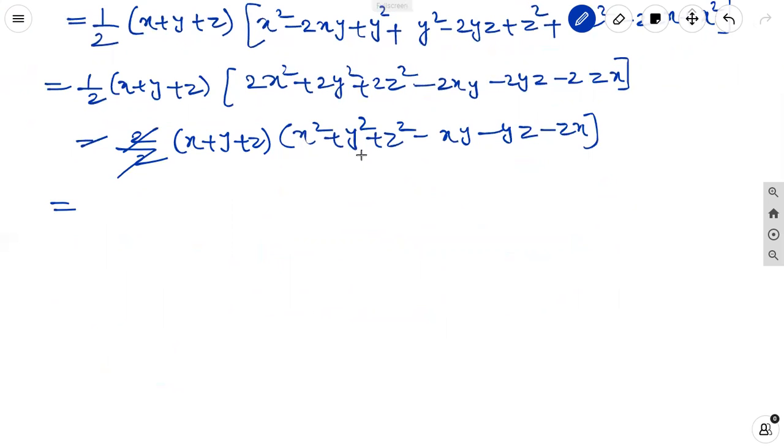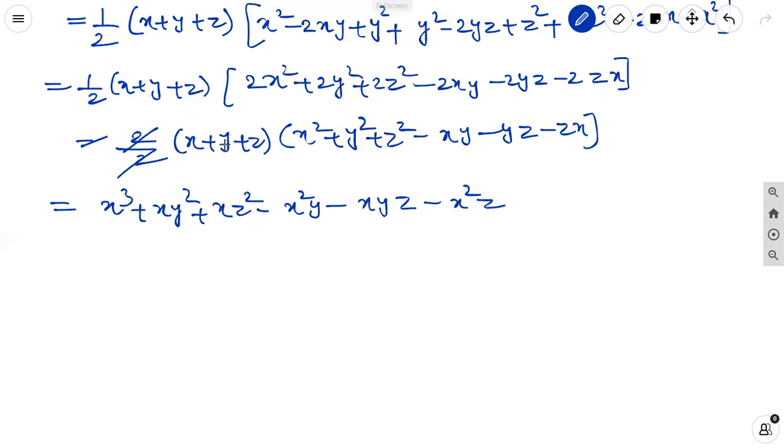Now we can multiply with x, multiply with y, multiply with z. X into x is x cube, plus xy square, plus xz square, minus x square y, minus xyz, minus x square z.